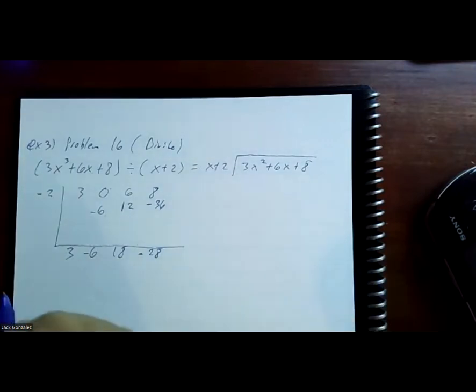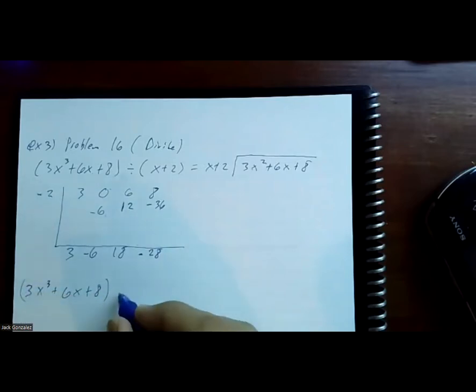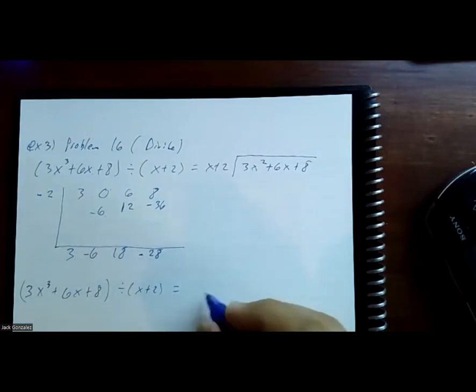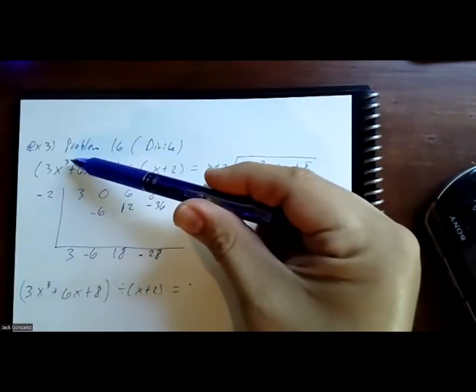So that means that 3x cubed plus 6x plus 8 divided by x plus 2 is equal to, so just remember that whatever you started with, reduce the power by 1.